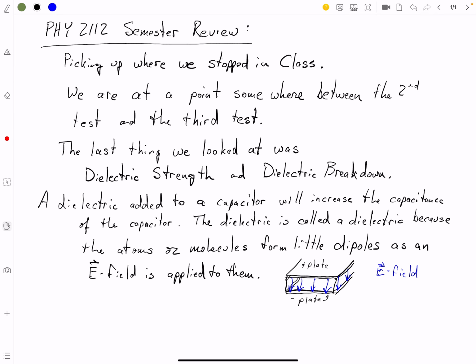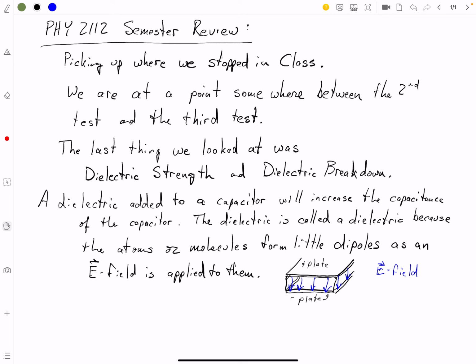So the last thing we talked about was dielectric strength and dielectric breakdown.